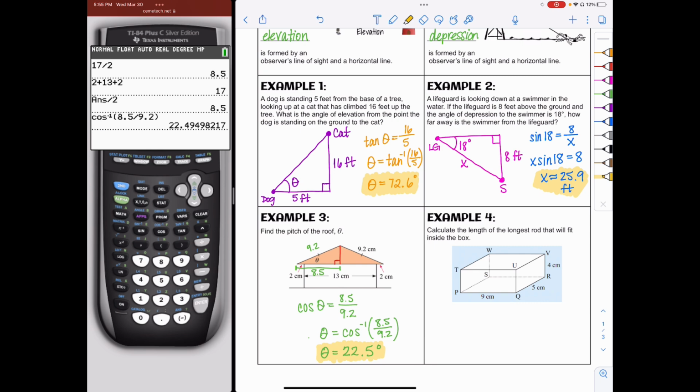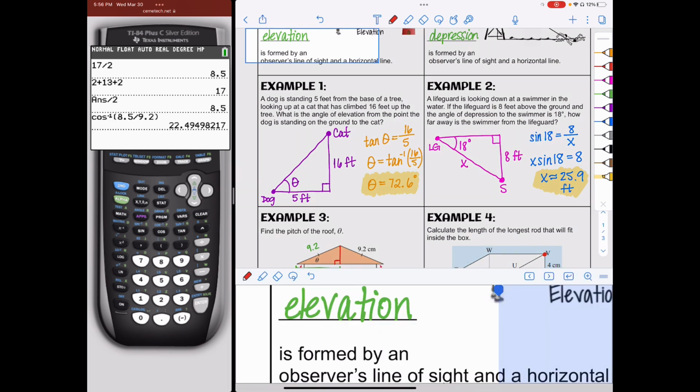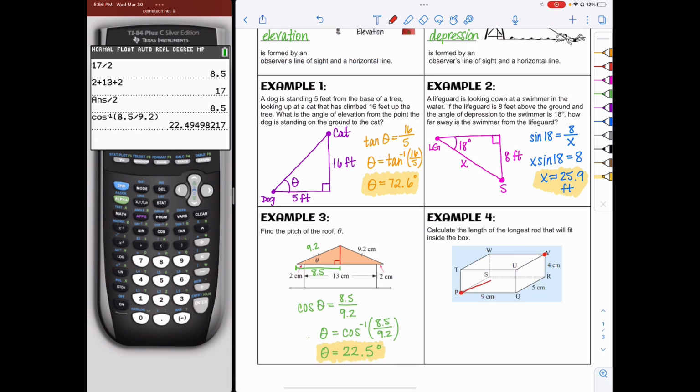For instance, if I start and put the rod inside of corner P, the length of the longest rod will need to extend to corner B. So if I draw my line here, that is my line, and then I can create another line to go here to this corner R, and then I will have that as my height.